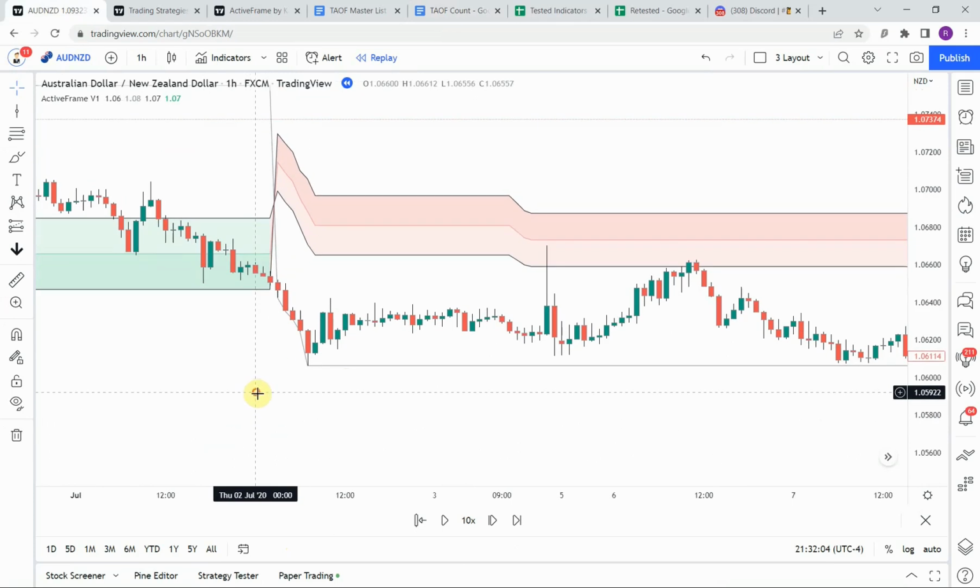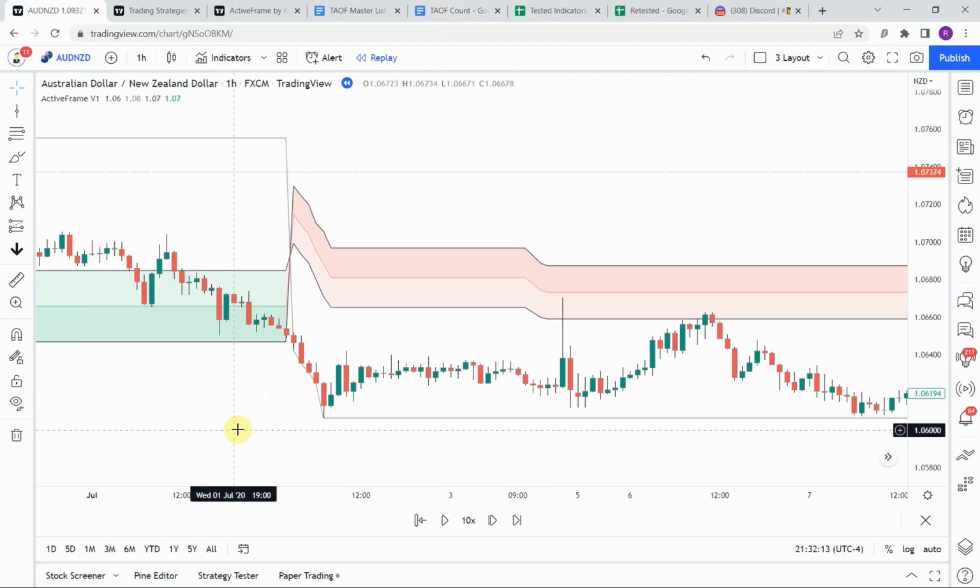Okay, so today we are looking at an advanced testing of the active frame indicator. You can see the indicator here on screen. This indicator was one of the 100% winners when we tested it the first time, but it only had one trade.